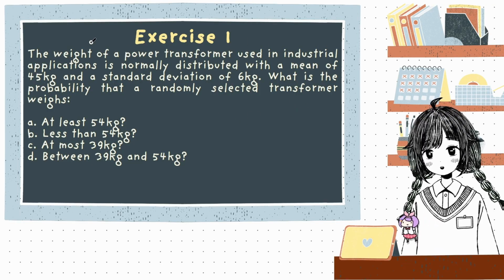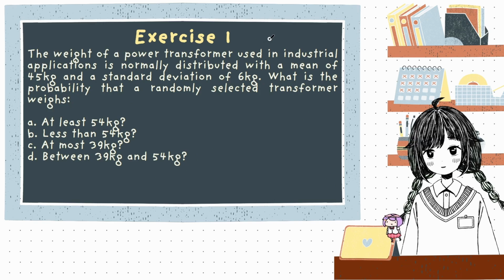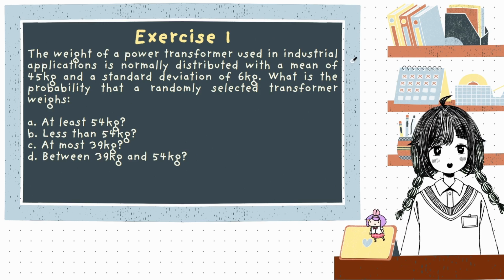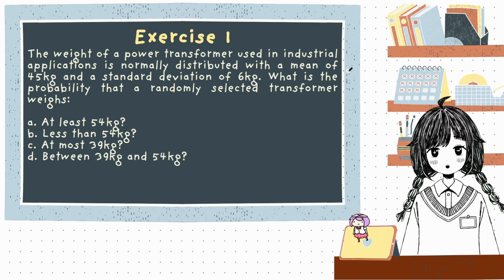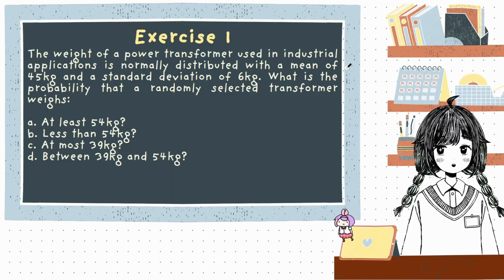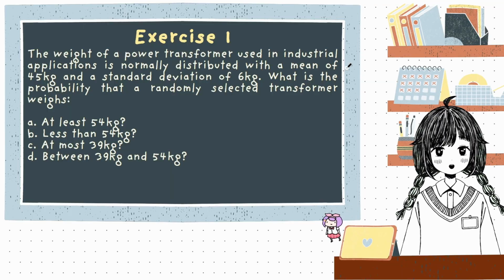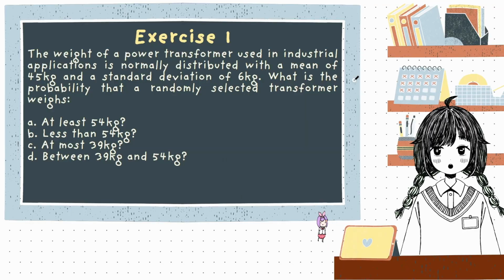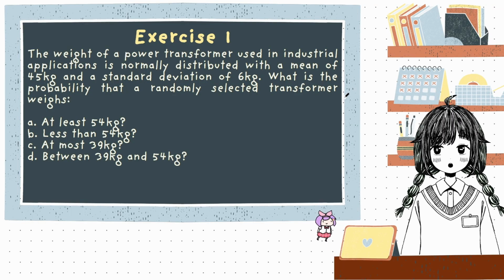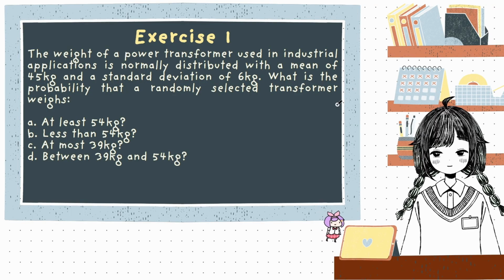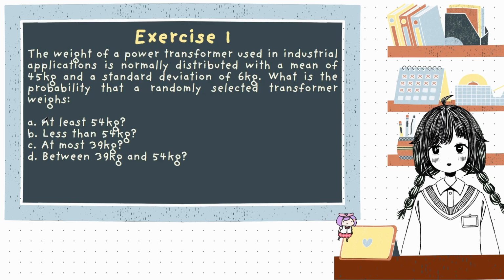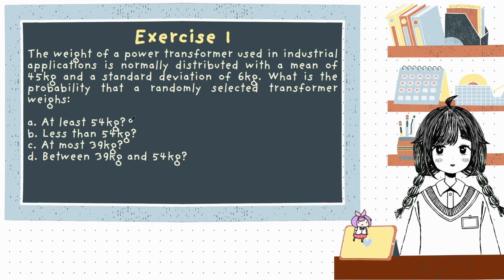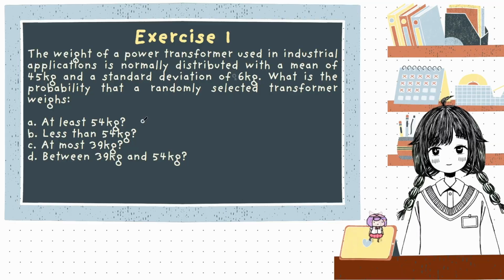The question: the weight of a power transformer used in industrial applications is normally distributed with a mean of 45 kg and a standard deviation of 6 kg. What is the probability that a randomly selected transformer weighs, let's start with A, at least 54 kg?